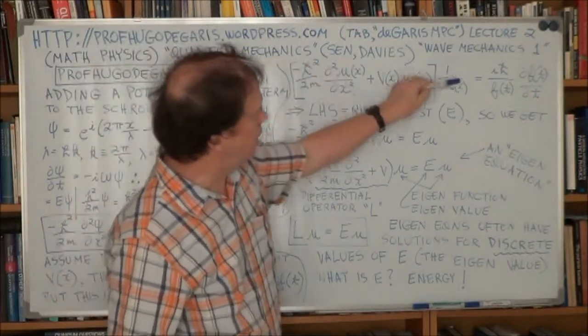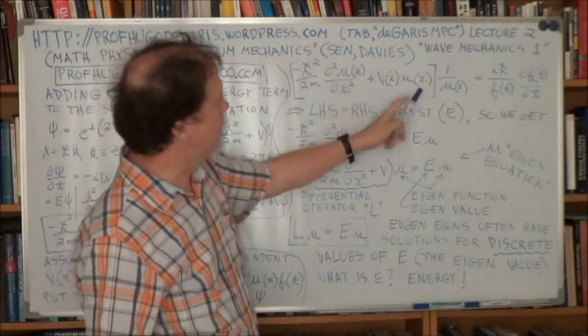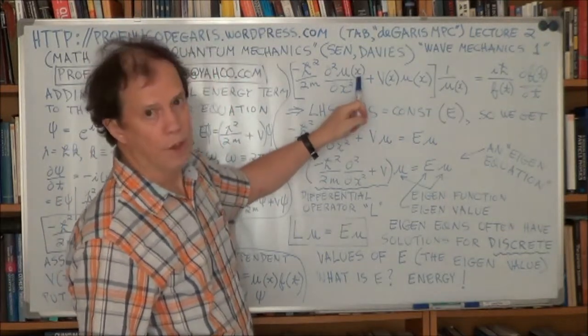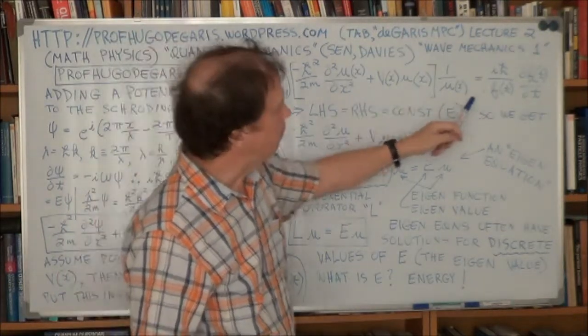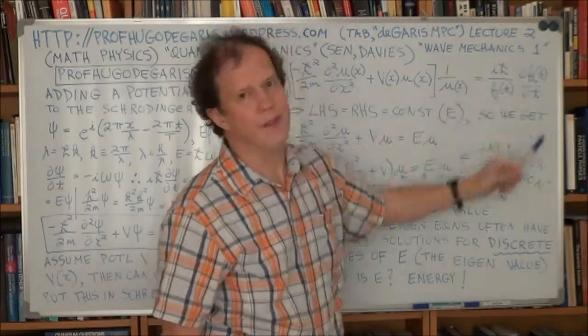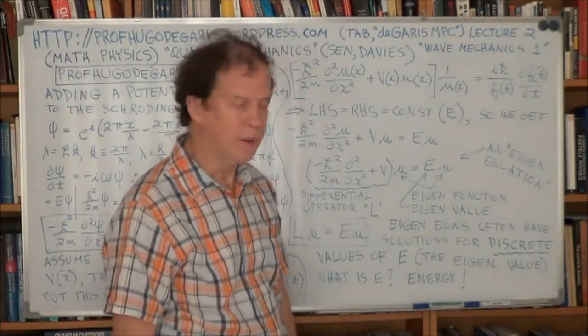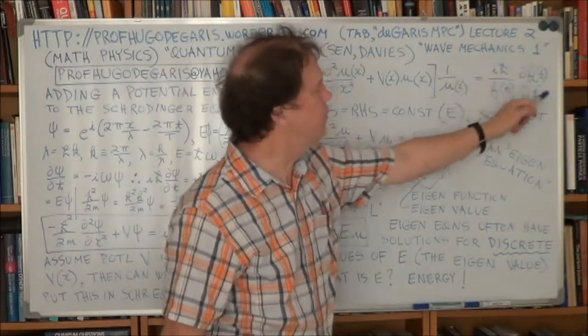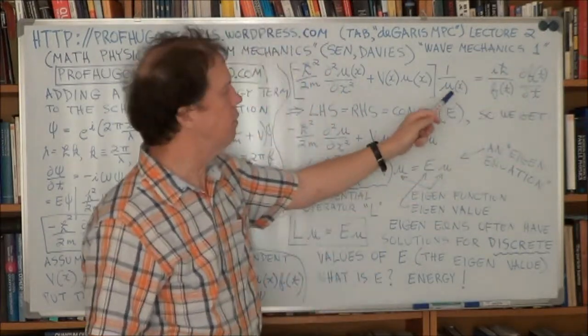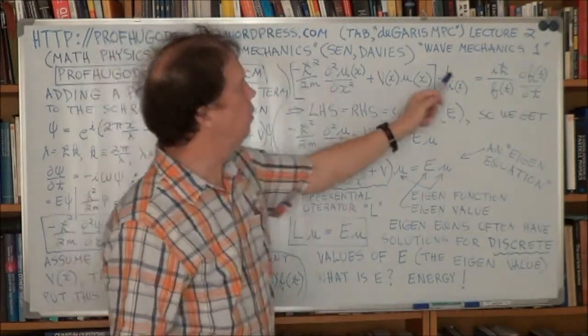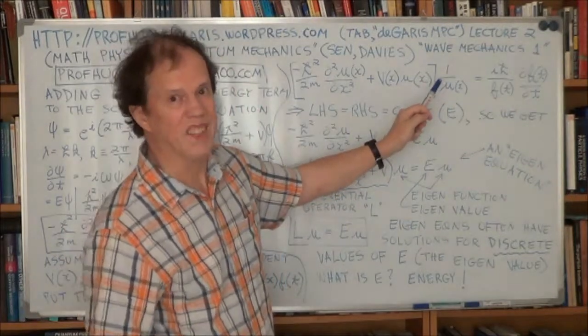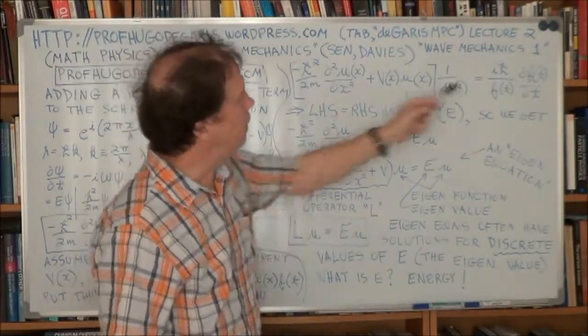The left-hand side here depends only on x, only on position. But the right-hand side depends only on time. These are all time function things on the right-hand side, and on the left, they're all spatial, x type things. And yet they're equal.